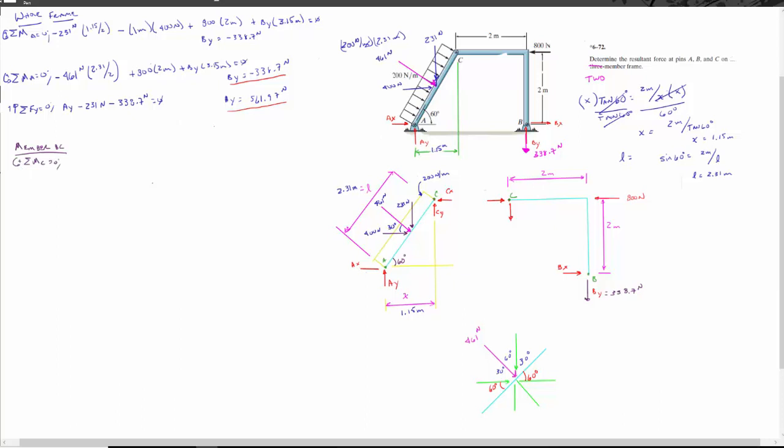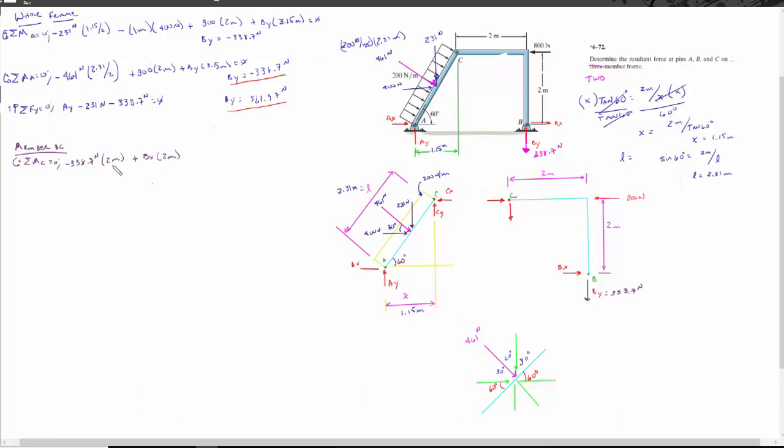I'm going to have this negative 338.7 newtons because it's going clockwise, times 2 meters, plus Bx, which also makes this rotate clockwise, also 2 meters. So that's going to be plus Bx times 2 meters.